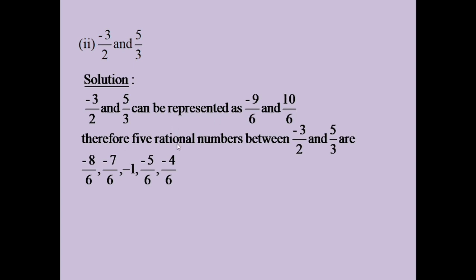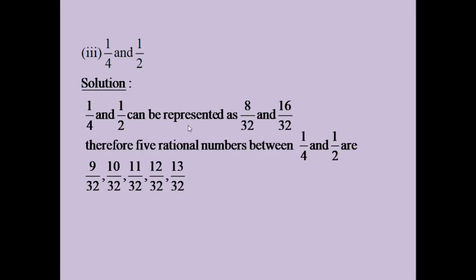Therefore, 5 rational numbers between minus 3 by 2 and 5 by 3 are the rational numbers between minus 9 by 6 and 10 by 6. Those are minus 8 by 6, minus 7 by 6, minus 1, minus 5 by 6 and minus 4 by 6. You can also write the other numbers which comes between these two rational numbers.